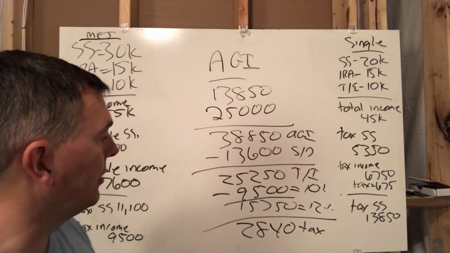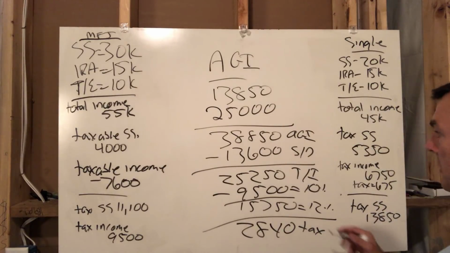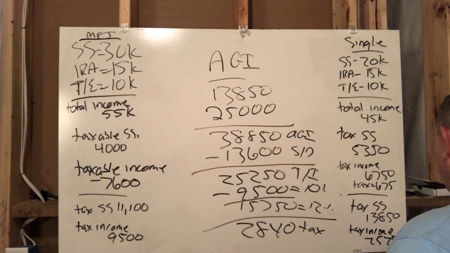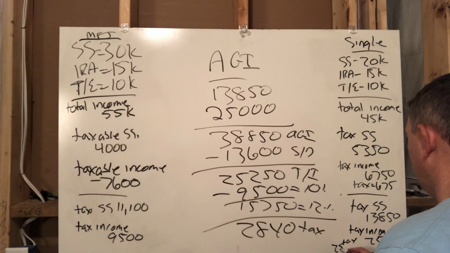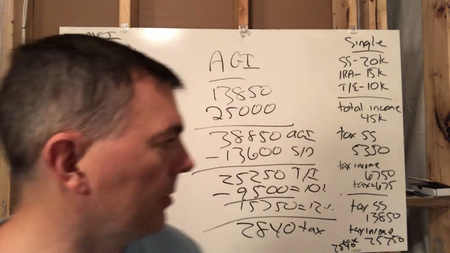So 25,250 minus 9,500 is 15,750 times 12%. Here we've got $2,840 of tax, and our taxable income is $25,250. All right. So this is where it gets just disturbing.